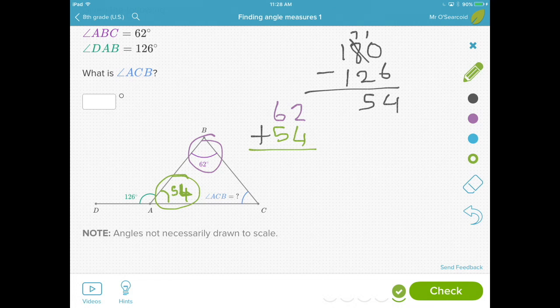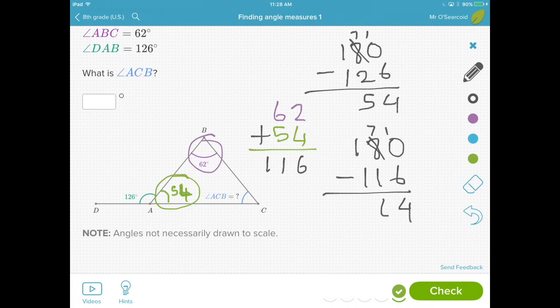So just doing 62 plus 54, that of course is going to give us 116. Be careful, not 126 in this case, 116. Okay, so 62 plus 54 gives us 116, and therefore then 180 minus 116 is going to give us 64. So the measure of angle ACB is 64 degrees.